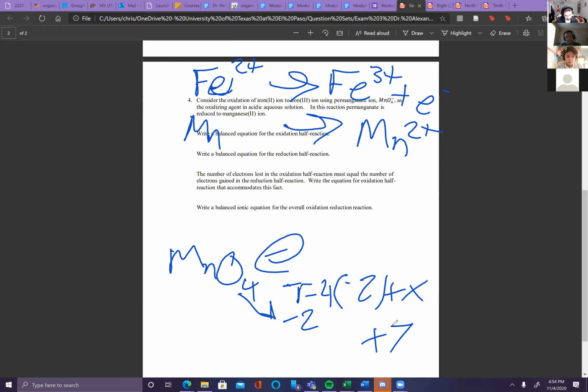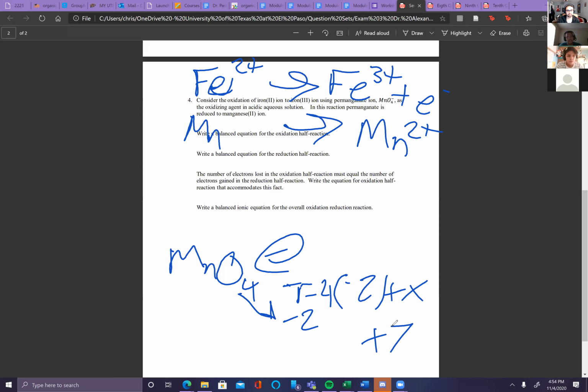So what does that +7 mean for manganese? Is it losing or gaining electrons?